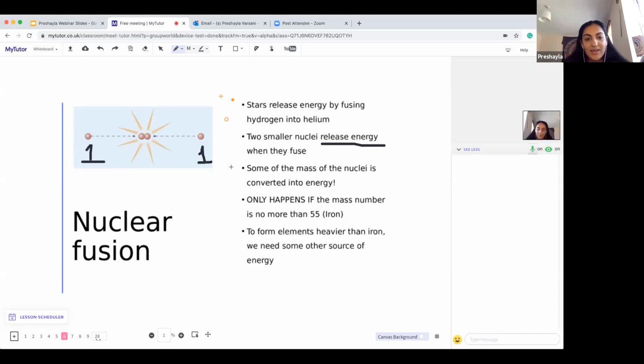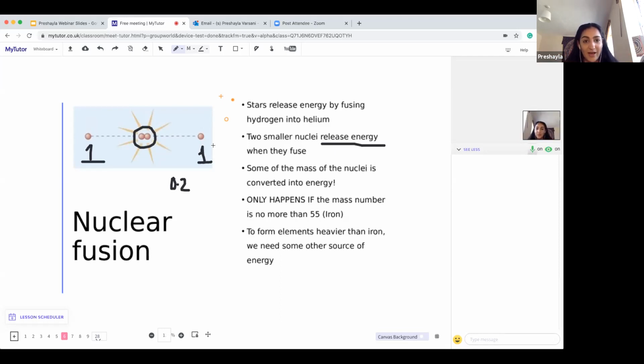Now, some of that nuclei mass, let's say 0.2, gets converted into energy. So the mass of this product that we create is actually going to be smaller than the mass of this plus this. The mass of the nuclei that we create will be smaller than the mass of the nuclei that created it, because some of the mass of that nuclei is getting changed into energy.